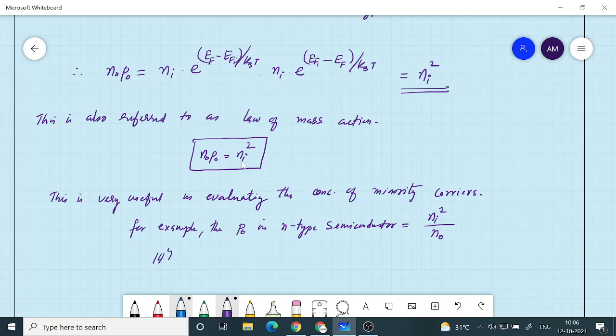Similarly, the value of N0, which is the minority carrier in P-type semiconductor, is Ni square by P0. Which means that I need to know this N0 and P0, that is the majority carrier concentration.